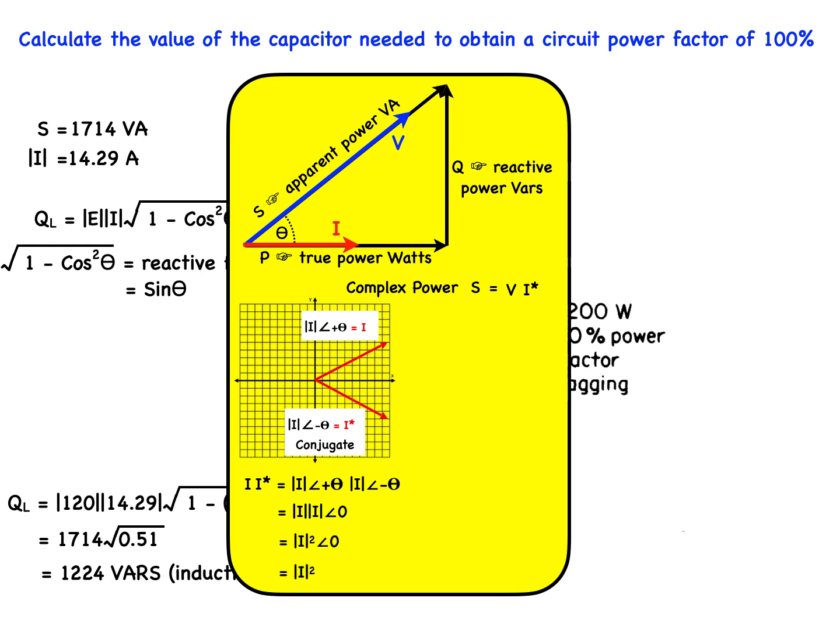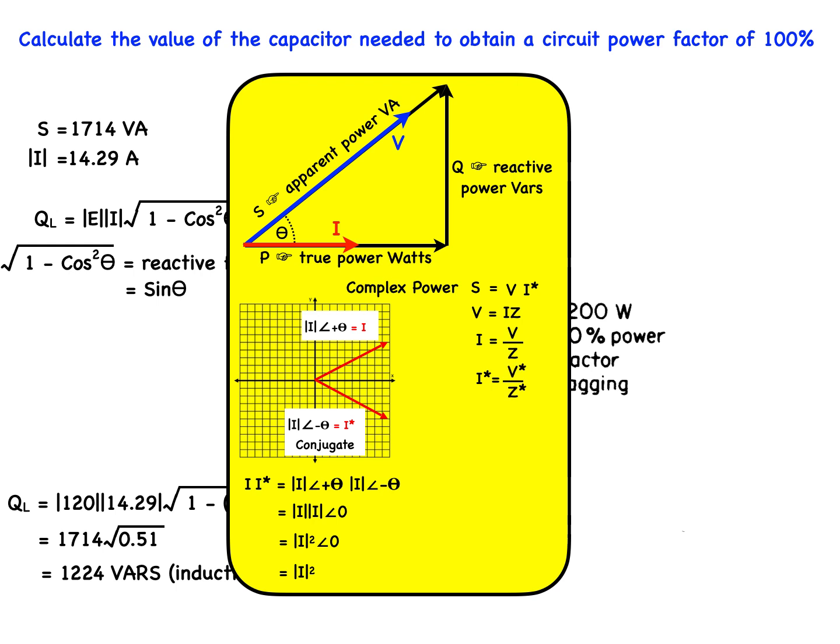Returning to our power triangle diagram at the top, Ohm's law tells us that the voltage phasor V is equal to the current phasor I times the impedance phasor Z. Rearranging the terms of the equation, we can let I equal V divided by Z. This equation can also be used to describe the relationship of the conjugate values.